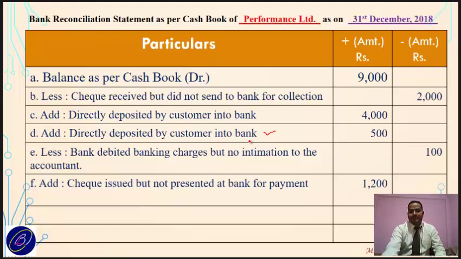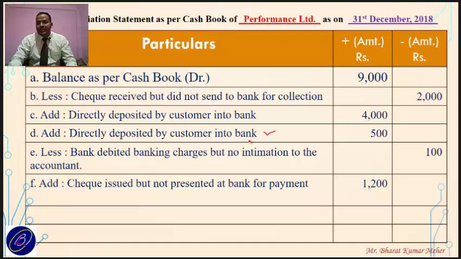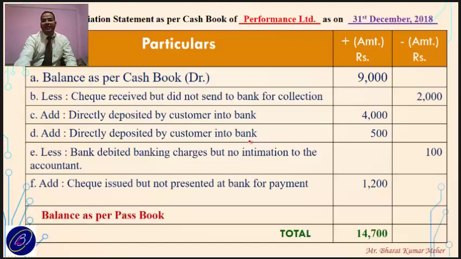Next is how to make it balance, how to calculate. You have to make the total and check which side is bigger and which side is less. As you can see, the plus column is bigger, and the total of the plus column is 14,700. Fine.